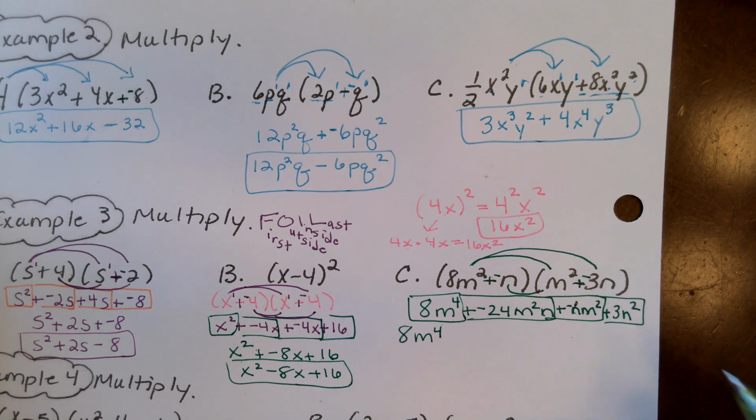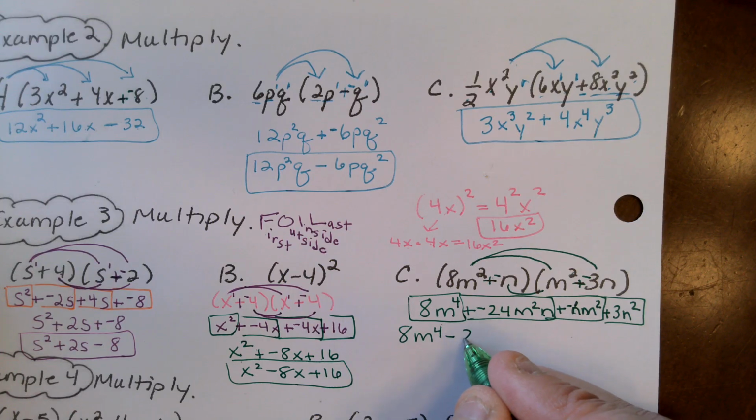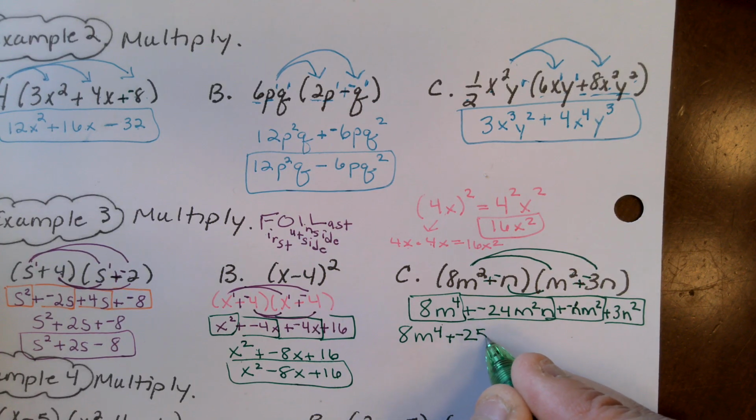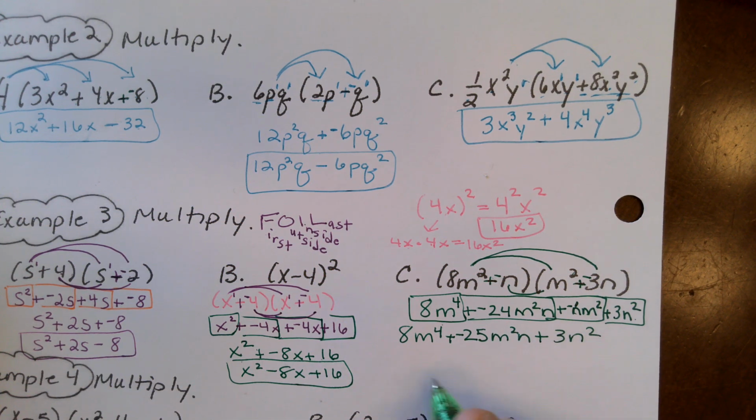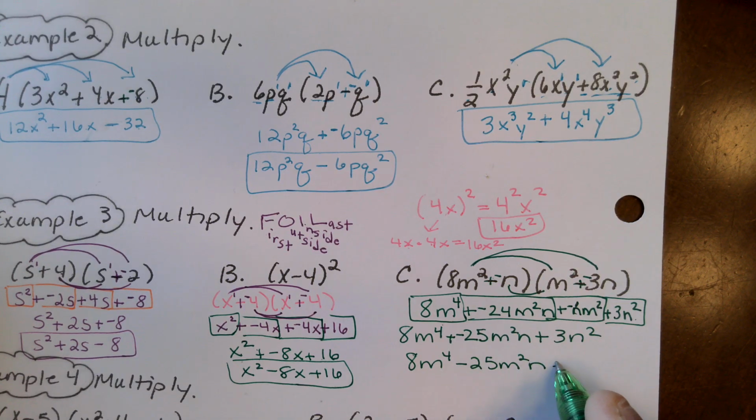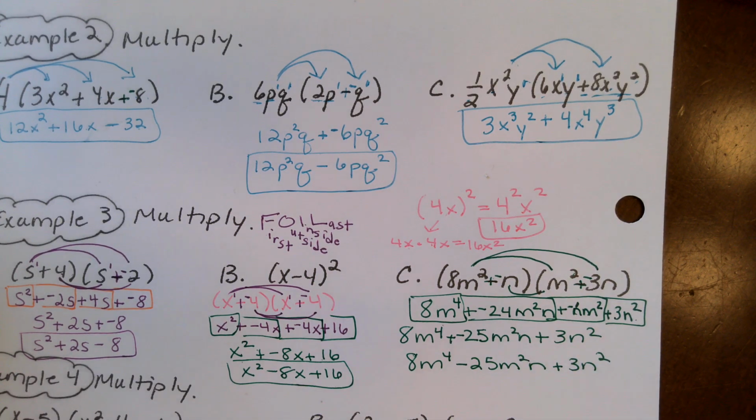That's right, there's a 1 before it, right? So negative 24 and a negative 1 is a negative 25 plus the 3n squared. I'm used to writing it like this, so I'm going to do that. There you go.